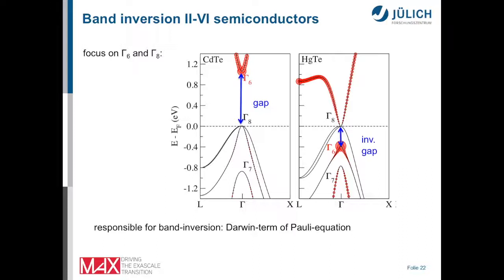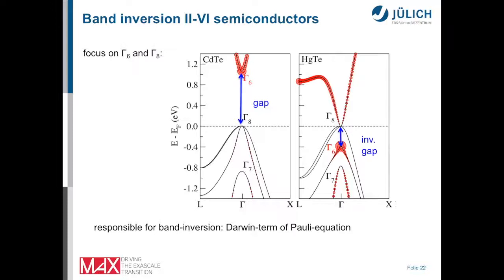It moved below the Fermi level in mercury telluride, and the reason for this is now not the spin-orbit coupling, but actually the Darwin term of the Pauli equation. But spin-orbit coupling is also important, as I told you, to describe the band structure of mercury telluride correctly.